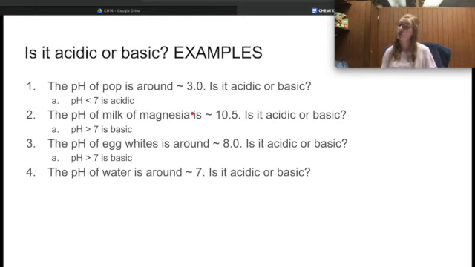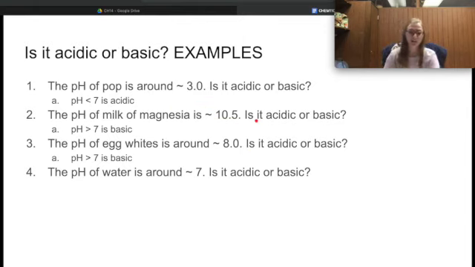If it has a super low pH of like 1, 2, or 3, that's going to be pretty acidic, whereas a pH of like 5 or 6 is less acidic. It's weaker in its acid characteristics. So this scale also is relative. Again, egg whites are a bit less basic than milk of magnesia is.